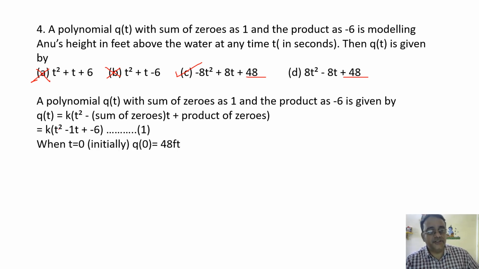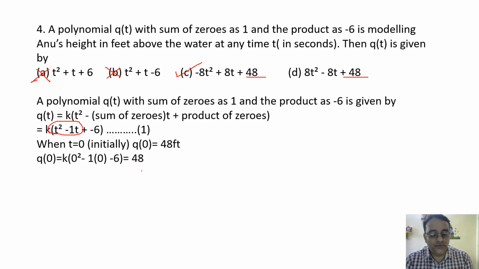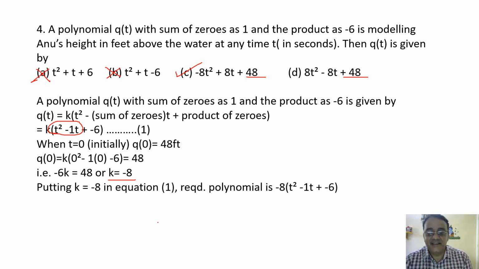So if you substitute t is equals to 0 here, you will get -6k is equals to 48. So that is k is equals to -8. If you substitute -8 here, you will get -8t square plus 8t plus 48. So the correct option is C.